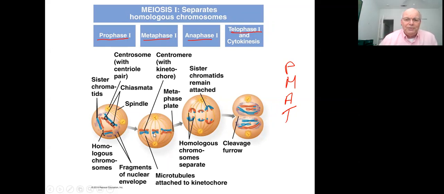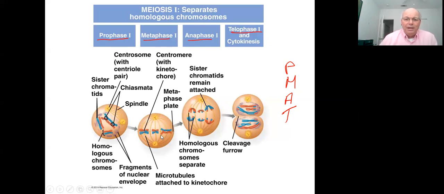And in fact, each of these pair of chromosomes could have lined up either way. Red at the top, blue at the bottom is just as legit as blue at the top, red at the bottom. And each of these chromosomes could have lined up either way. And what one pair of chromosomes does is completely independent of what the other pairs of chromosomes do.